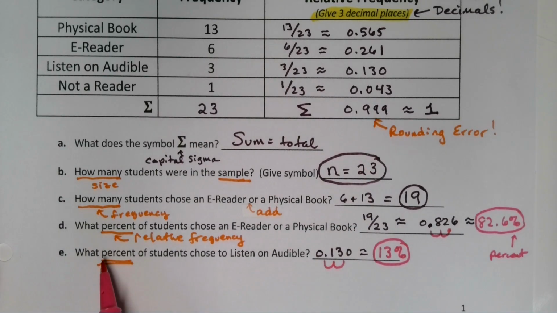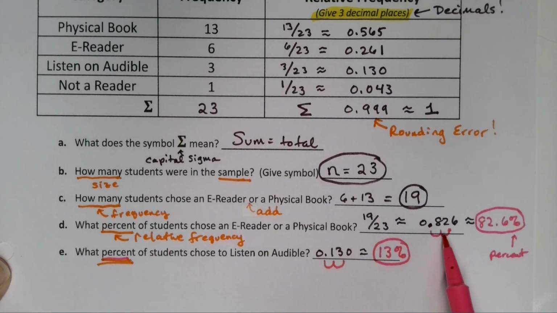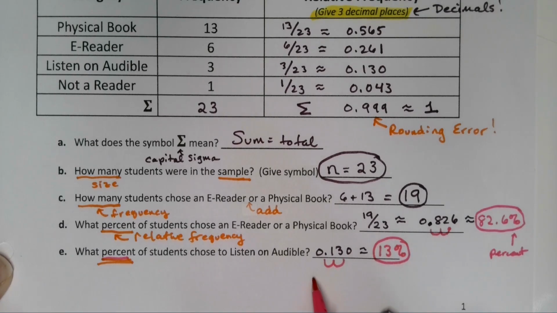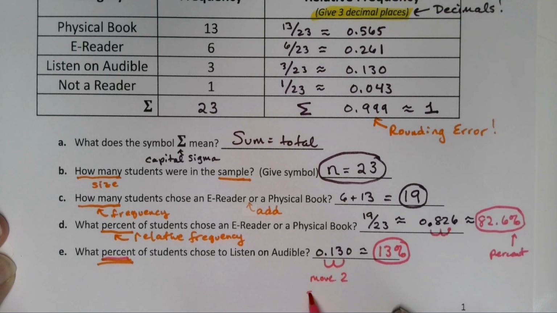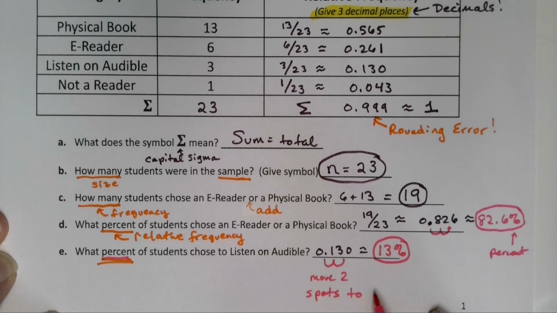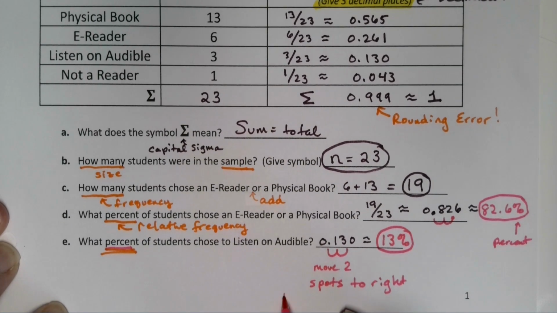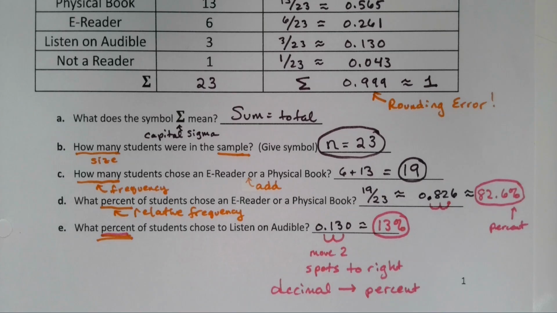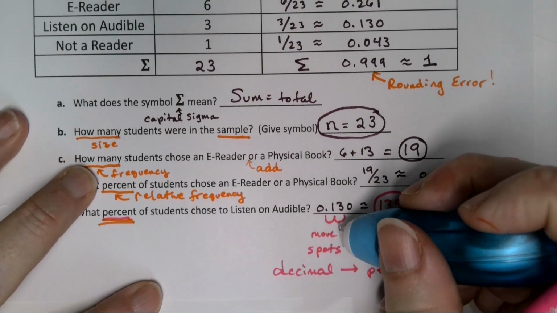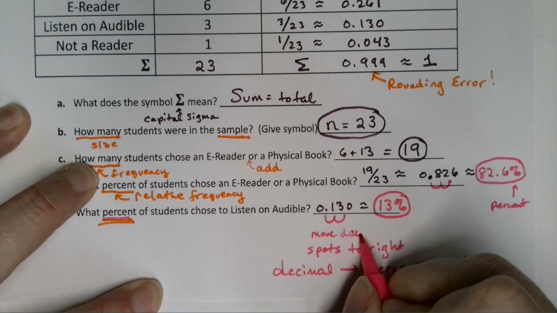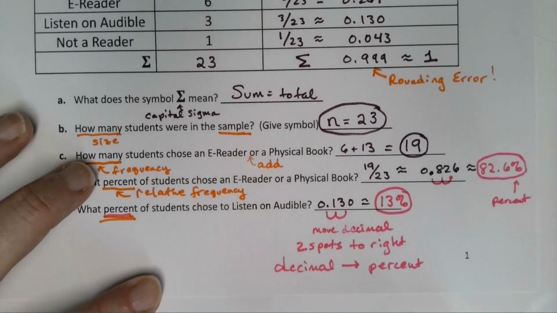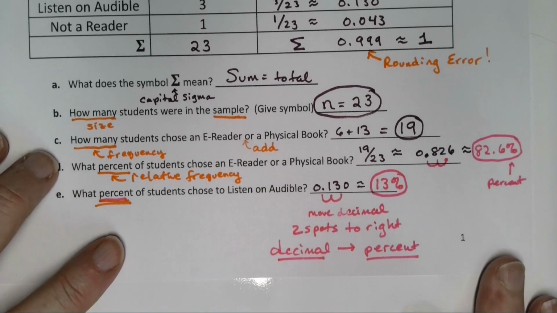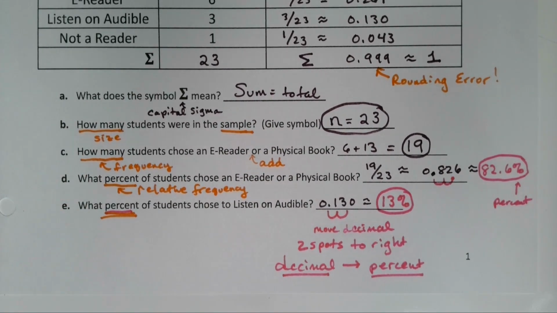And then if they ask for a percent on top of it, we just move the decimal two spots over, in this case to the right, to go from a decimal to a percent. Right, to go from a decimal to percent, that's how you do it. And of course, to go from a percent to decimal, it would reverse the process.